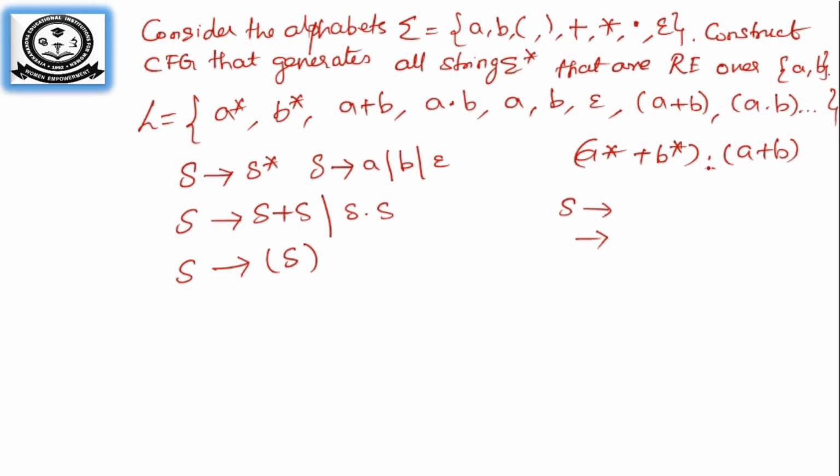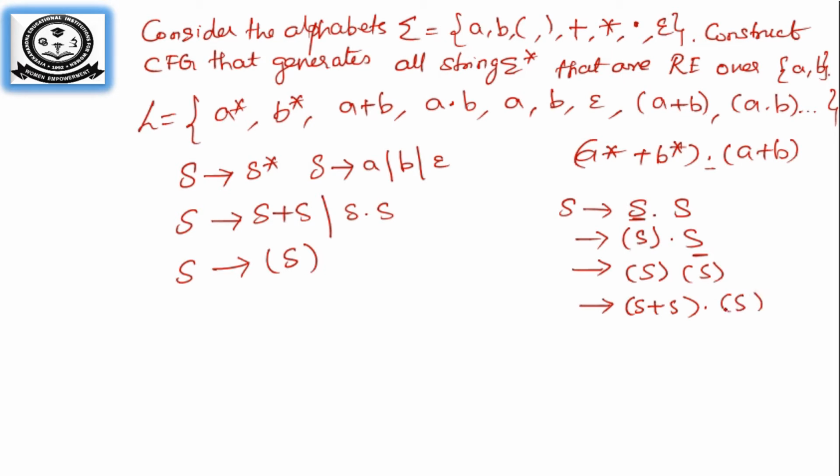We have an overall concatenation over here. So let me take s dot s first, then bracket s dot s. Then for this s and this s, now s dot bracket s dot s. Then again instead of s I can have s plus s dot s dot s.